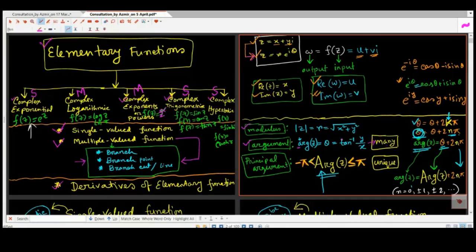That's why we know that argument equals theta plus 2k pi. It actually doesn't matter whether we apply k or n. Instead of k, we can also say we have n. So theta equals theta plus 2n pi, where n equals 0, plus minus 1, plus minus 2, anything. Plus denotes the counterclockwise direction and minus denotes the clockwise direction.